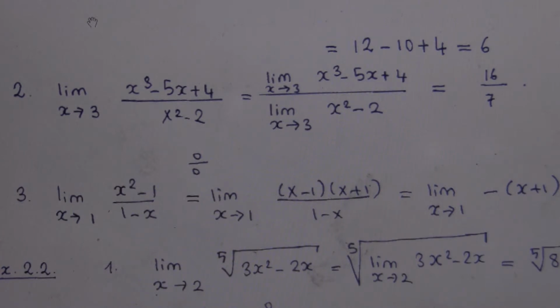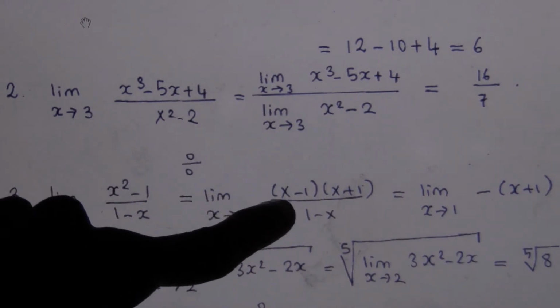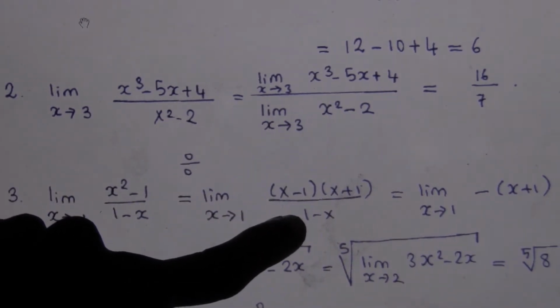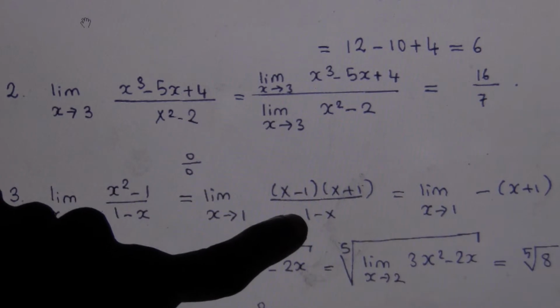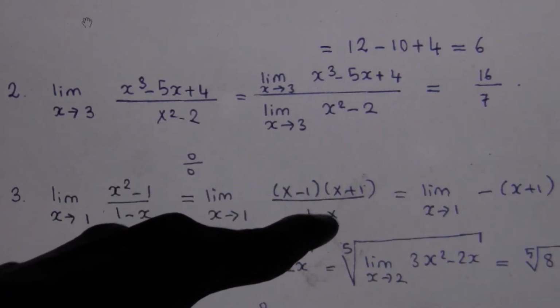I still didn't change anything. But you might want to do that to make a -5 common in both the numerator and the denominator. Since they have an x minus 1 here, but a 1 minus x here, you can't cancel anything, but you know you want to cancel top and bottom.